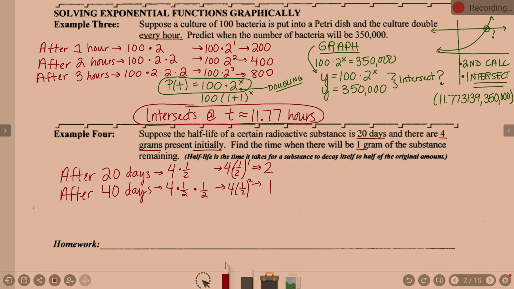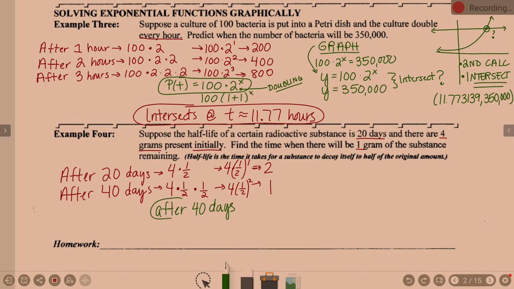Well, we actually just answered our question. Did you realize that? Find the time when there will be 1 gram of the substance remaining. The answer to the problem is after 40 days.